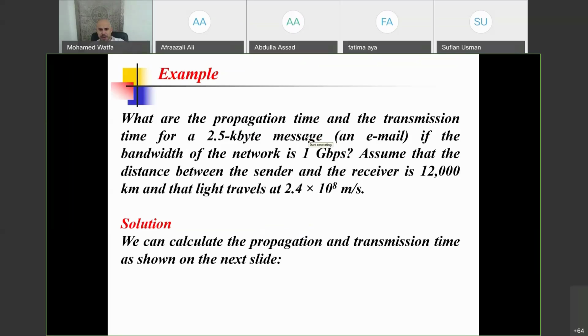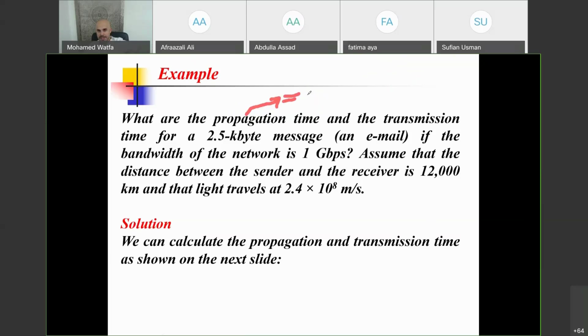Let's start with propagation time. Remember, we did it before. It's distance. Tell me the distance, guys. Come on. Distance. Speed. Yeah, but what is the distance? Let's do it together.